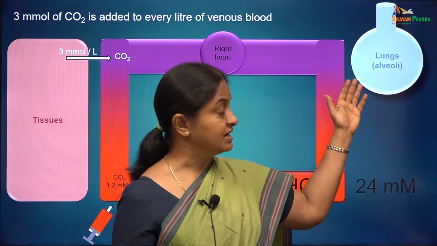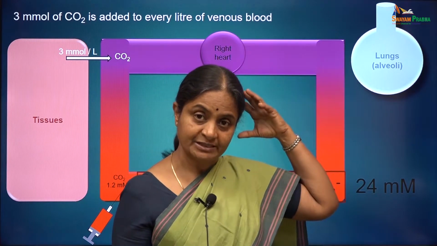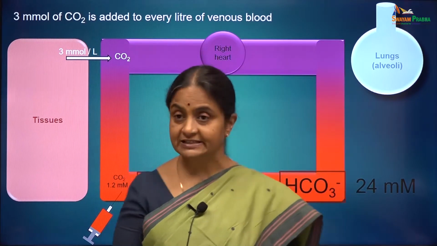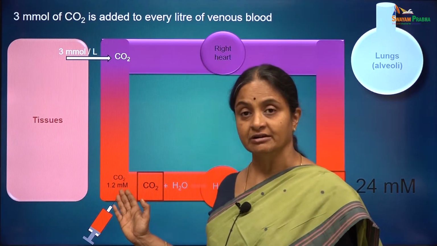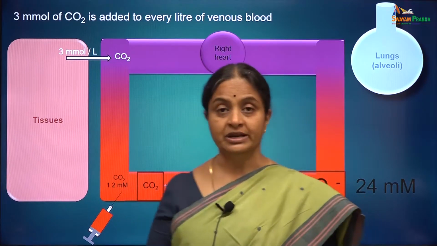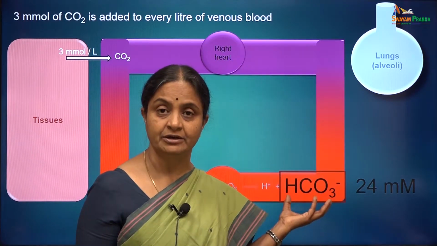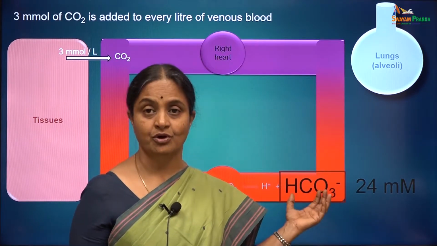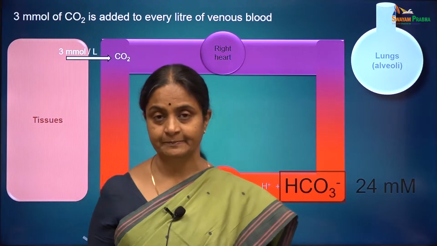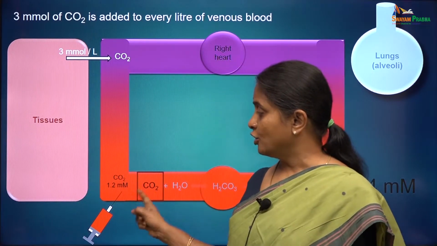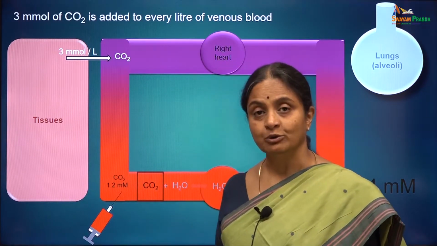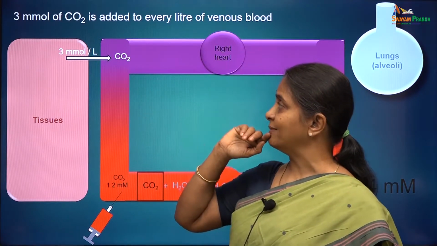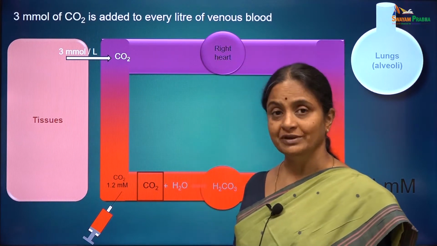In fact, the respiratory center in the brain regulates ventilation so as to maintain a carbon dioxide concentration in arterial blood that would exactly balance whatever bicarbonate concentration there is, so as to maintain the ratio of bicarbonate to carbon dioxide at 20. In normal circumstances, we have 1.2 millimoles per liter carbon dioxide in arterial blood, and we have 3 millimoles per liter carbon dioxide being added into venous blood.